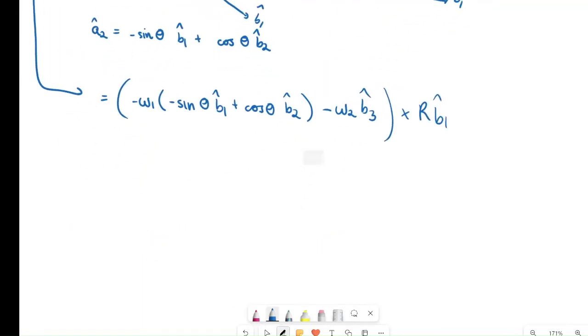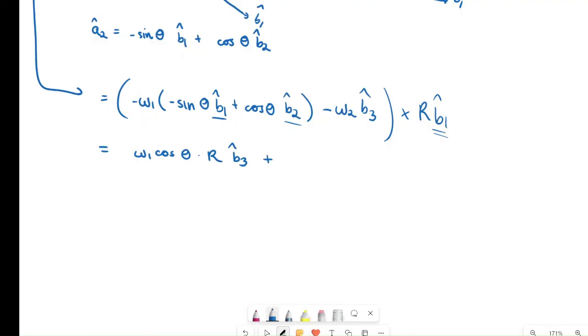Okay, and now we can do the cross product stuff. So we have b1 hat cross b1 hat, which is just going to be 0. Then we have b2 hat cross b1 hat, which will be omega 1 cosine theta times r, positive. That'll be in the b3 hat direction because b2 cross b1 would be negative, but then that negative cancels this negative here. So we have that term.